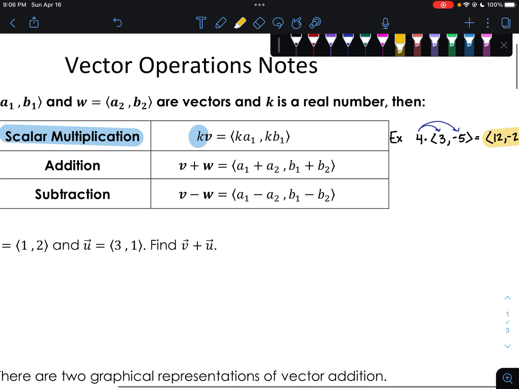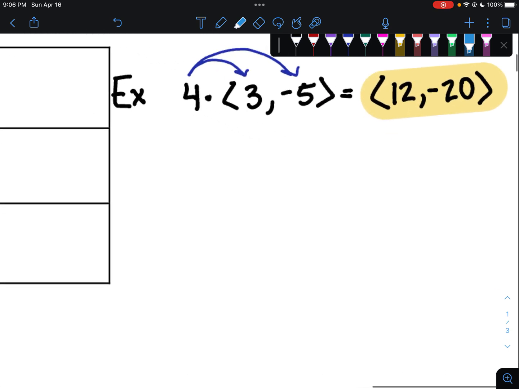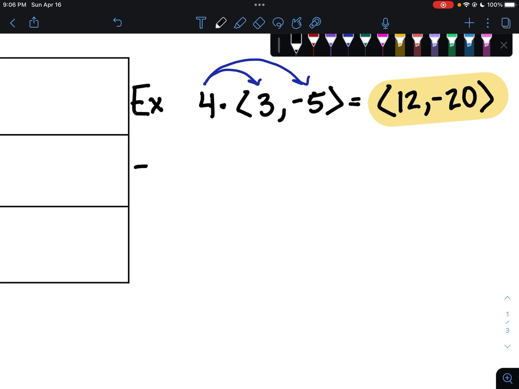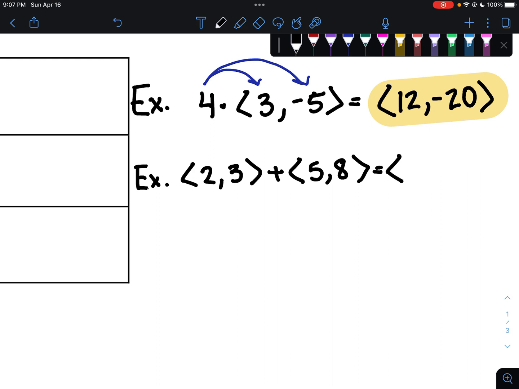We have vector addition. Vector addition just basically says that if you have two vectors, v plus w, then you can add the first two terms together of each vector and then the second two terms together of each vector. So if we create ourselves an example, if we have 2, 3, and we want to add 5, 8 to it, all we're going to do to get our new vector is add the first two terms together.